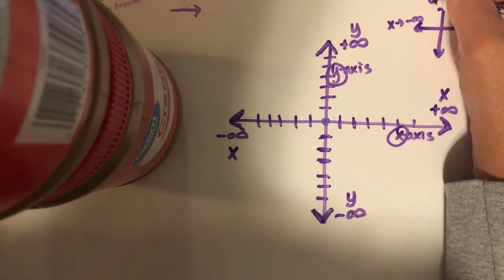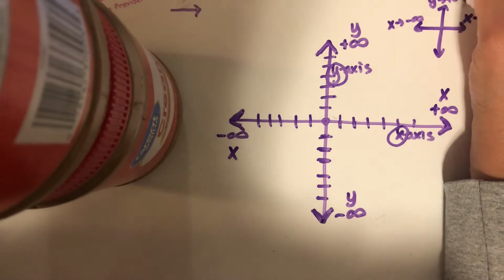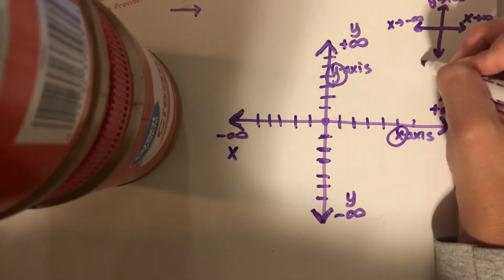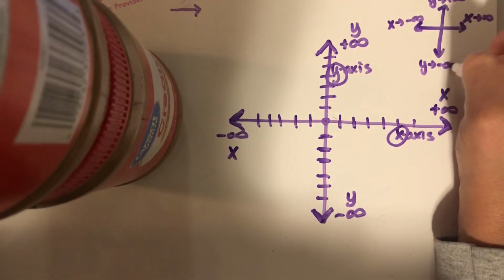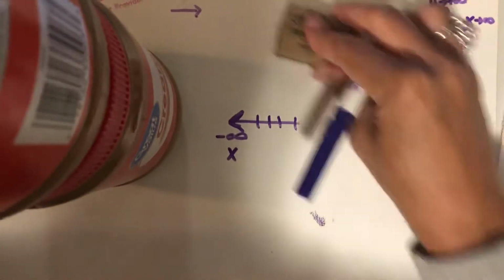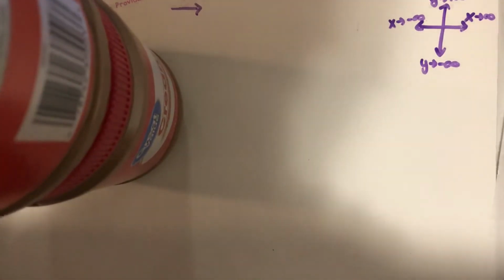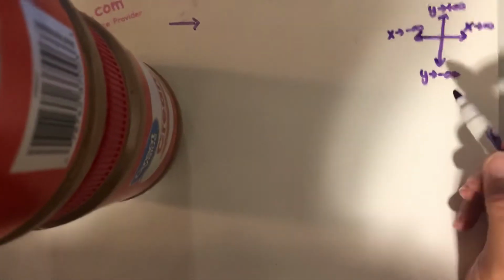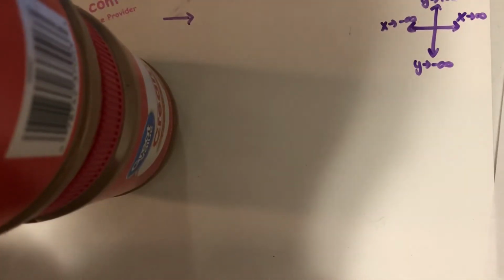Your top one is as your y value is approaching positive infinity, and your last one is as your y value is approaching negative infinity. I'm going to hold on to that because we are going to use that quite a bit in what we're doing, and you probably want that somewhere on your chart.